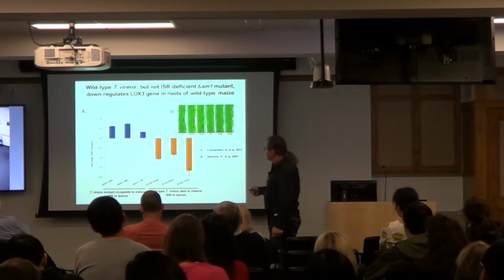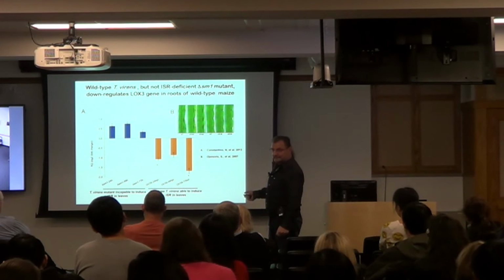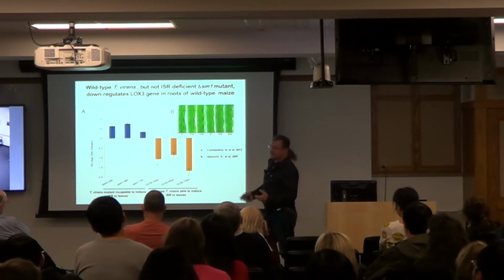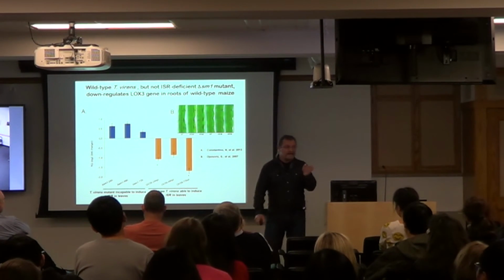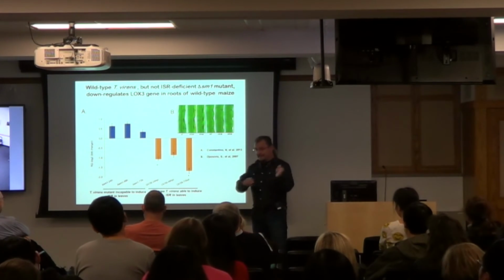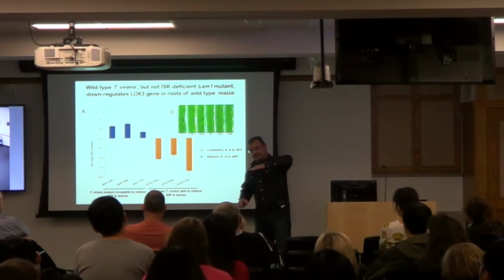However, LOX3 cannot be repressed when you use these ISR deficient mutants. So that places LOX3 as one of the targets for SM1. One function of SM1, fungal gene and fungal protein, is to suppress expression of LOX3.